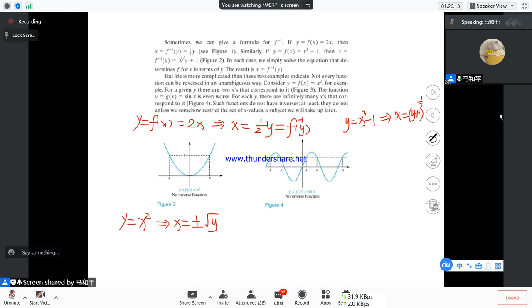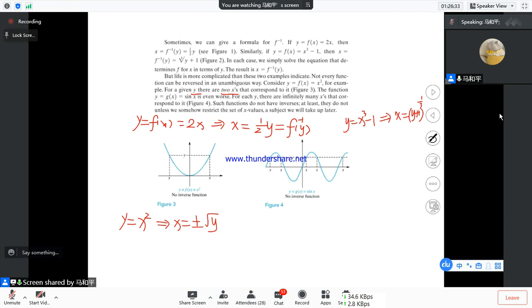This means we input y but output two x's. So not every function has an inverse. For a given y, there are two x's that correspond to it.